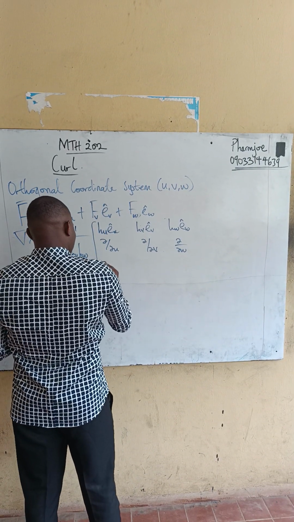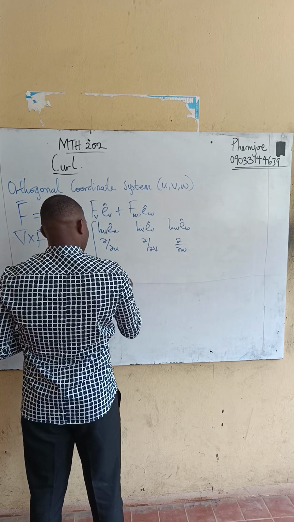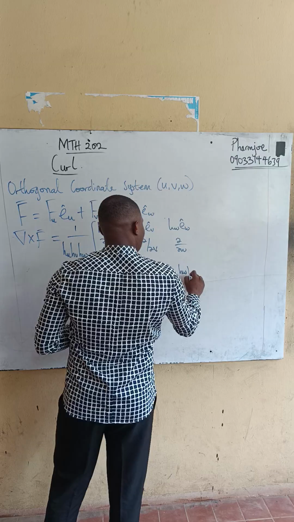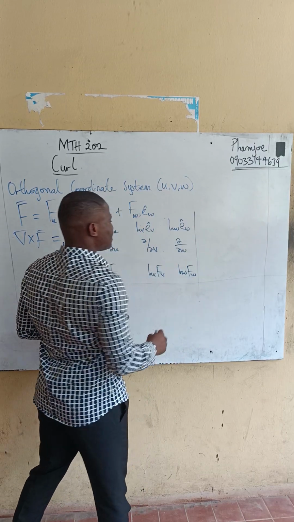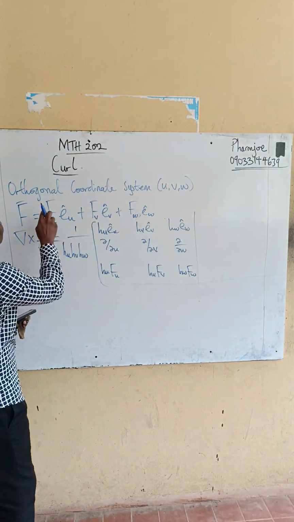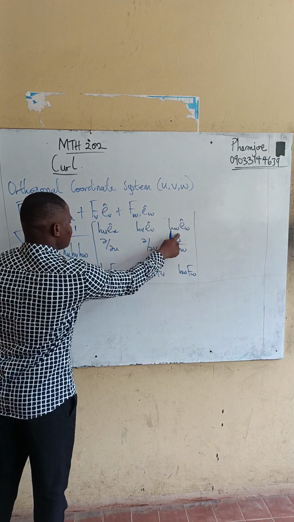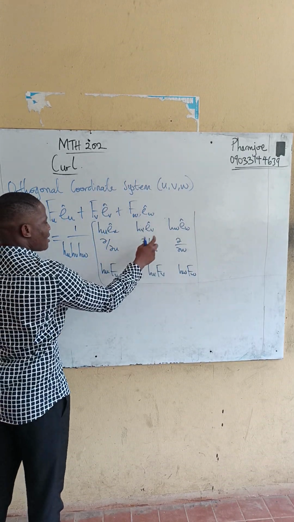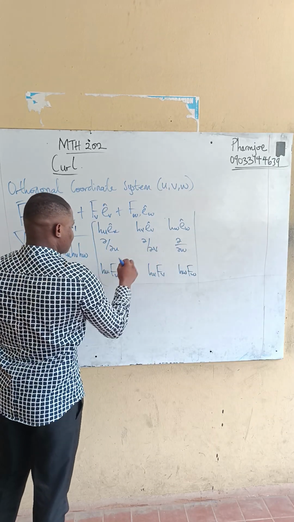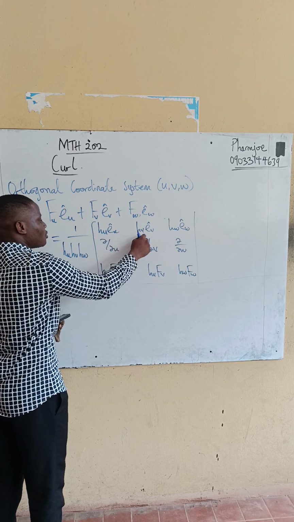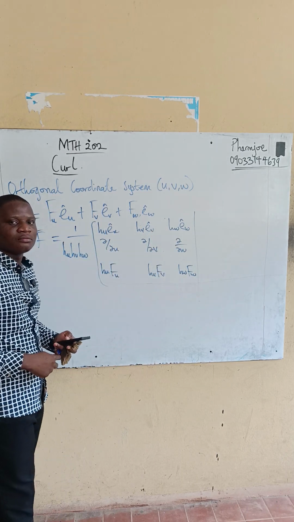Also, I have hu, fu, hv, fv, hw, fw. See this, unlike my Cartesian coordinate system, where I just have my ijk and I have my partial x, partial y, partial z, fx, fy, fz. Here, our scale factors must be added to each of them.